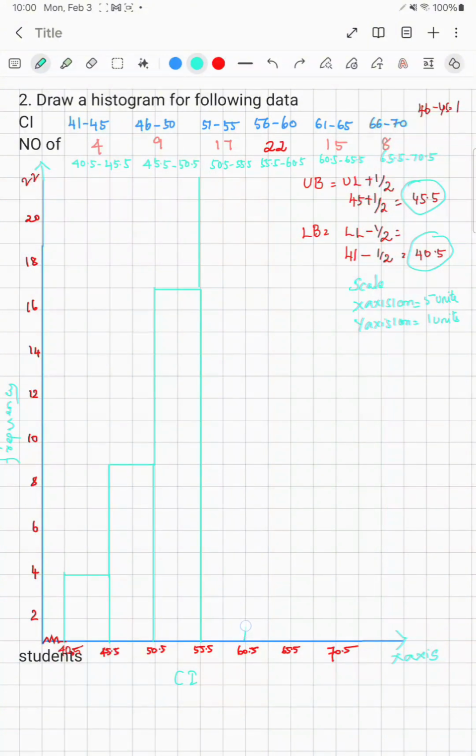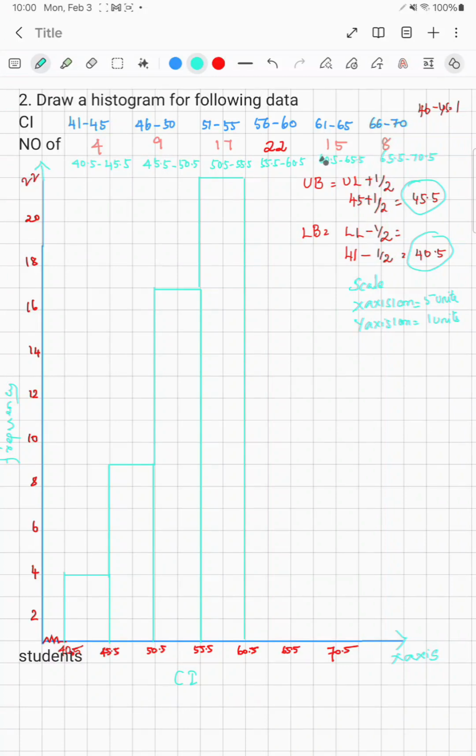Slowly from here draw a line, use a scale properly, and a sharp pencil to move along the lines and then draw it. Until here. Now complete the rectangle. Okay, this is the next part.